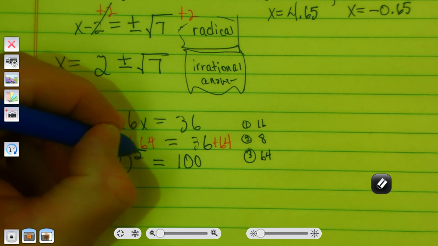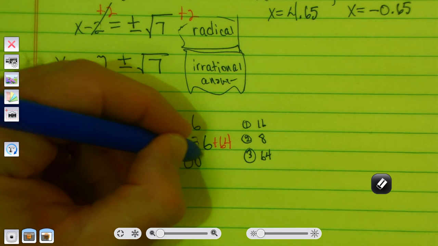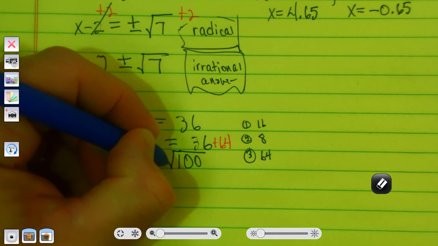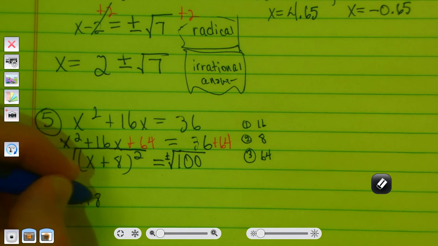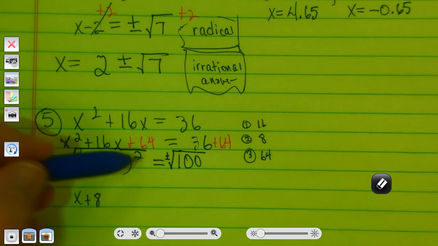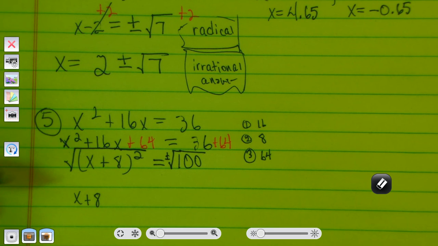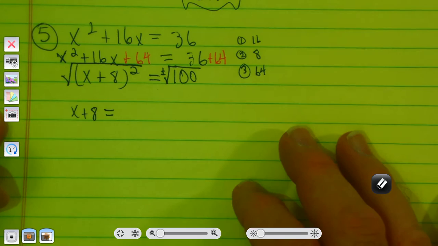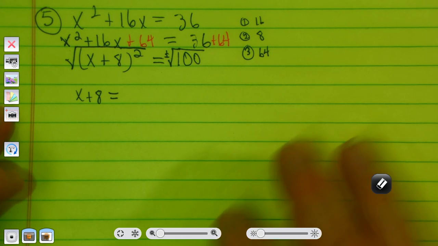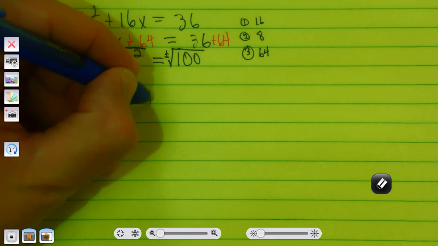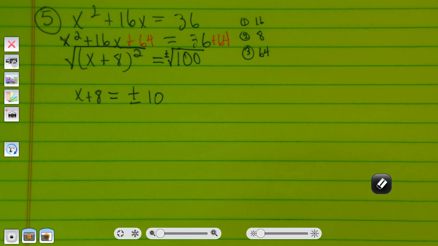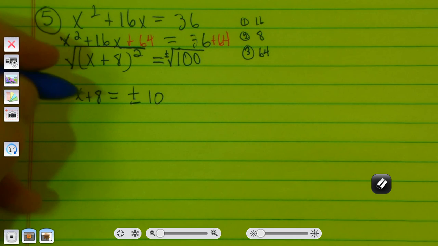Next step is to take the square root of both sides. And I'll have x plus 8 because the square root of x plus 8 squared is just x plus 8. And I like this one a little better because this one has a perfect square root. The square root of 100 then would be plus or minus 10. Yeah, and I like that. It's a lot cleaner, you know.